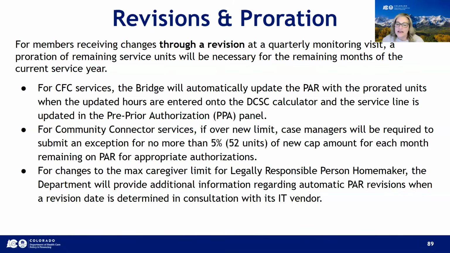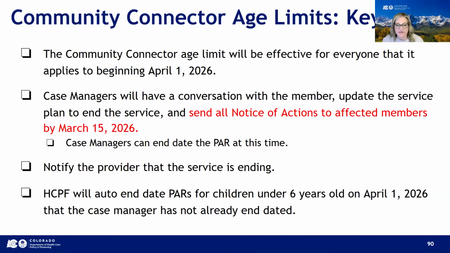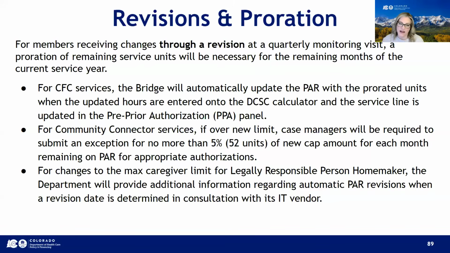For Community Connector, same thing, the 52 units is the 5% of the new annual cap. We may have changes for a legally responsible person for auto proration in the future, but we don't have any information for you on that, any sort of auto proration for LRP right now.